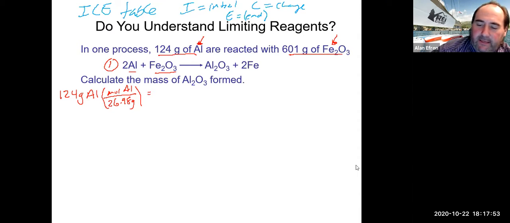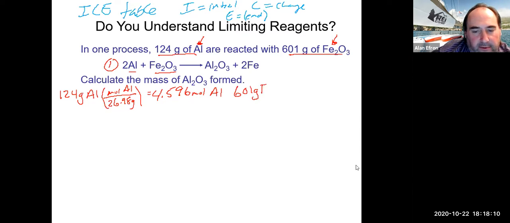That gives us 124 divided by 26.98, which is 4.596 moles of aluminum.